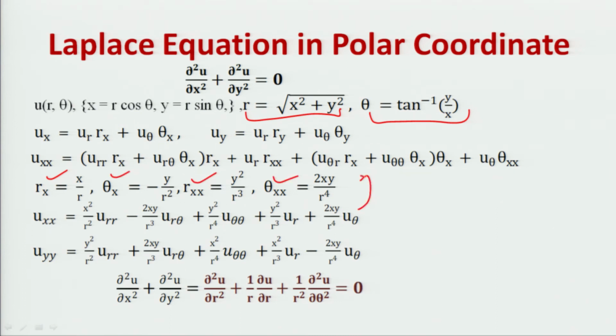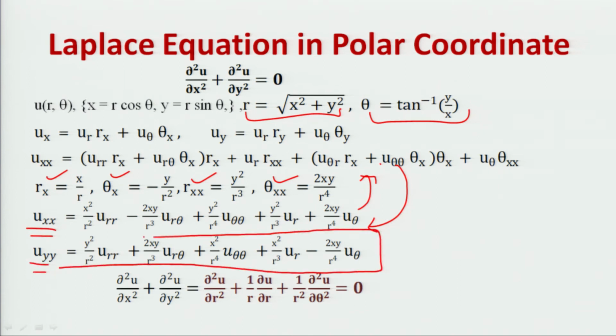Substitute the values, and we would get our equation in this particular form for u xx. Similarly, we can evaluate u yy and add up these two values, and we would get our differential equation in the polar system of coordinates. This is the solution of the steady state equation in the polar system of coordinates.